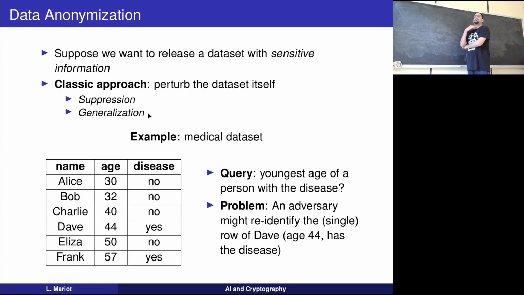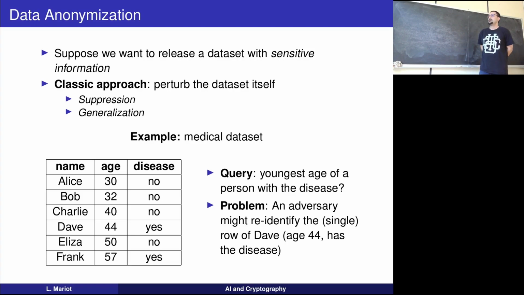The problem is that these approaches, used in a naive way, don't work, in the sense that as soon as you have an adversary who is a little bit smarter than usual, he or she is able to re-identify individual records, even if they are suppressed or generalized in a naive way.